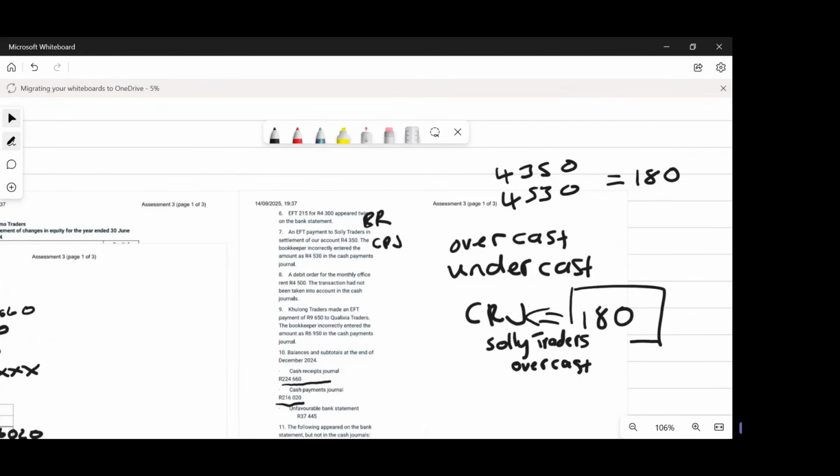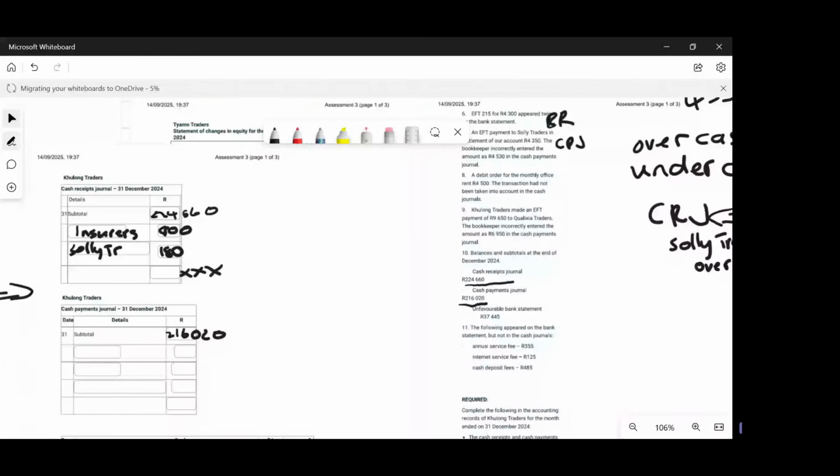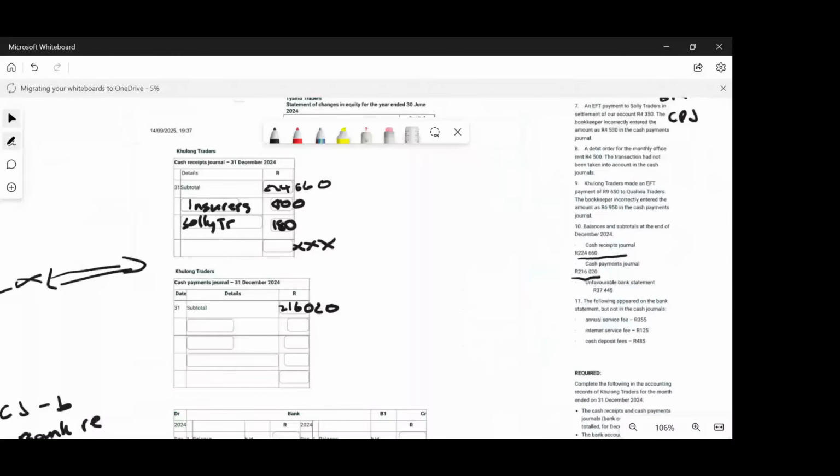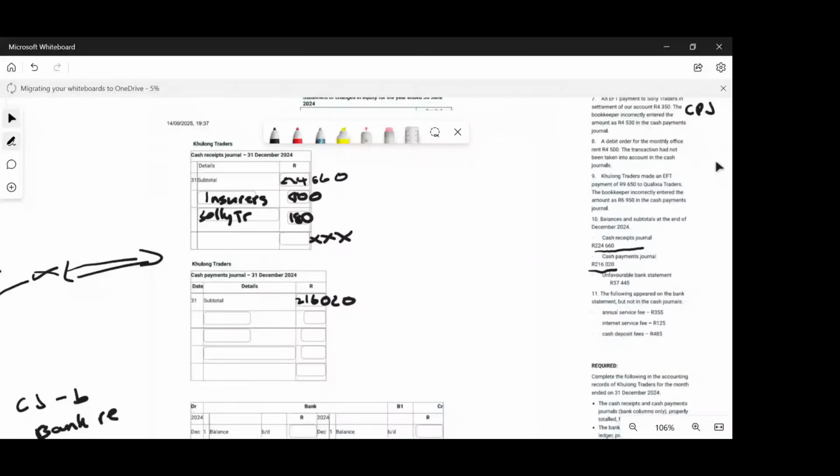The transaction had not been taken into account in the cash journals. So we are paying rent on the premises that we are using to operate our business. So if it's a payment, you go to the cash payment journal, and then you find the monthly rent, then you record the 4,500. This one is easy, right?